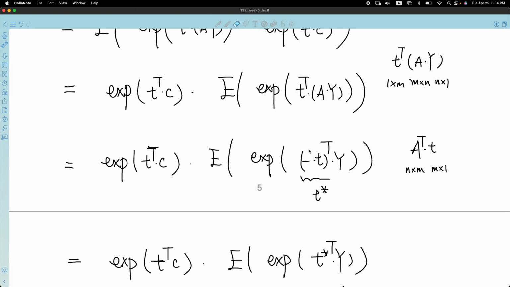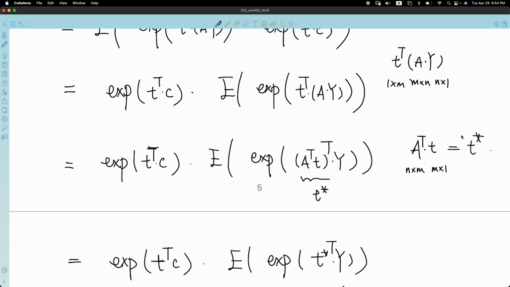So you will always have a correct A transpose T. And I'm going to call T star my A transpose T. Earlier I was missing a transpose because A is not symmetric, so you need to add a transpose operation there.